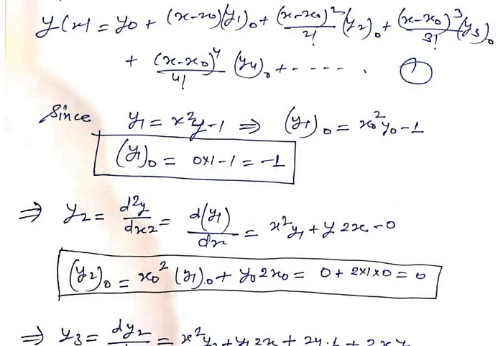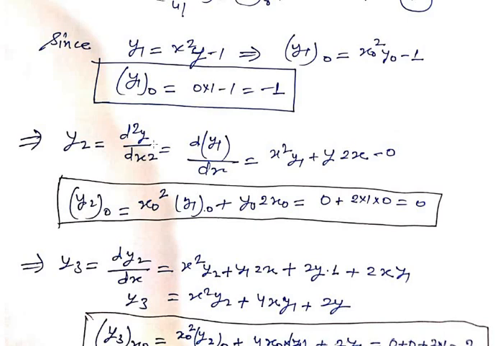Now moving on further, I will go for finding the second order derivative. Second order derivative means y2, which is d2y upon dx2. d2y by dx2 means d of y1, or you can say d of dy by dx by dx. So differentiating this y1 with respect to x, we have to apply the multiplicative rule here. x square y: first term x square into differentiation of second term.